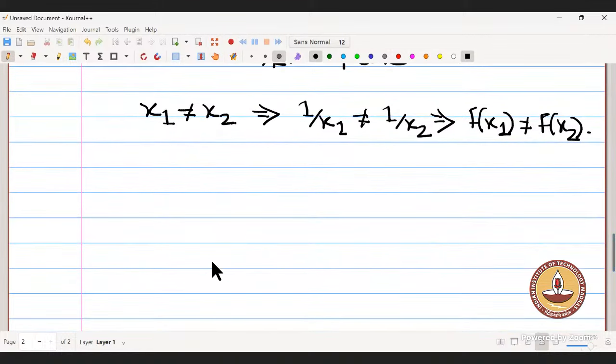And there is one other graphical method through which you can say whether the function is injective or not. And what is that method? The horizontal line test. Correct.